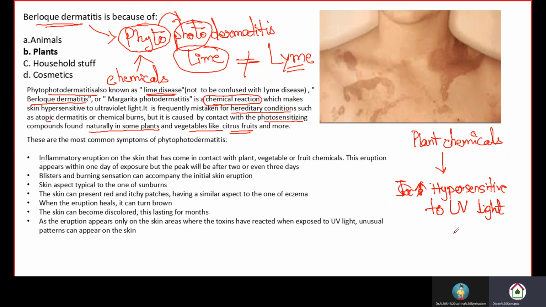It makes our skin hypersensitive to UV light.